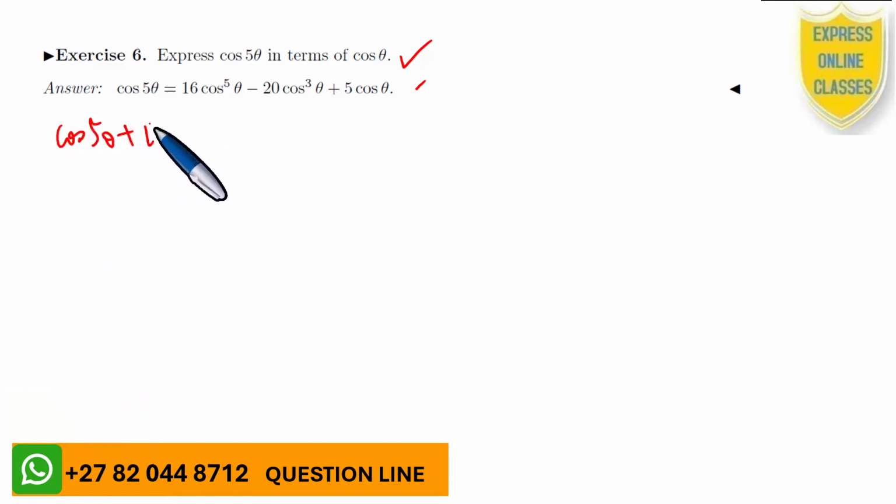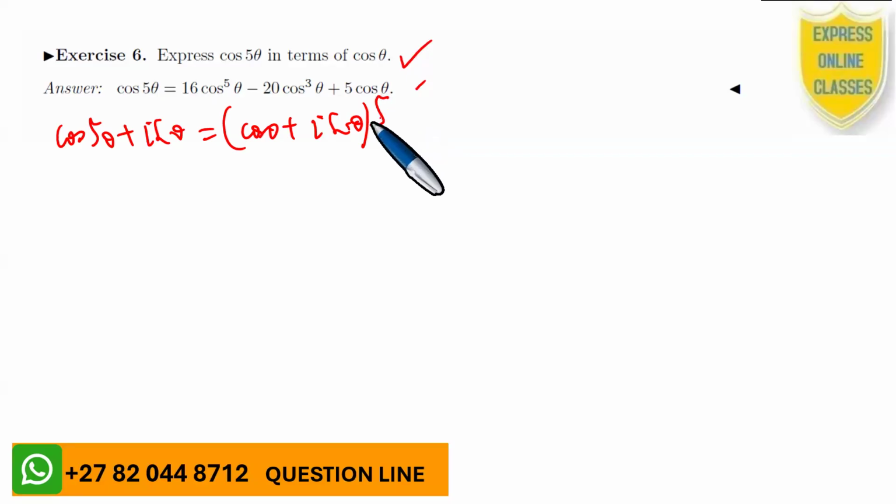Cosine 5 theta plus i sine theta. You raise it to that. So if we continue with the multiplication, what do we get out of this? If you raise this to the power 5, use Pascal's triangle.